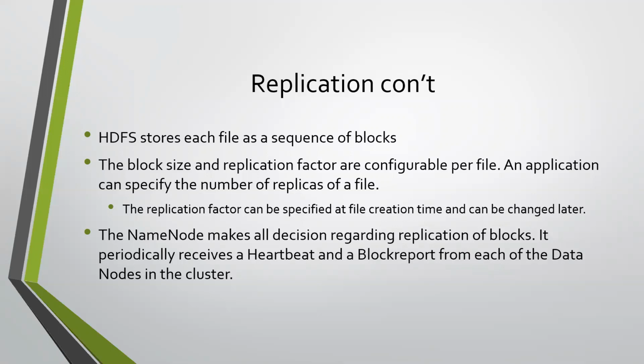The replication factor can be specified at file creation time and can be changed later. The name node makes all decisions regarding replication of blocks. It periodically receives a heartbeat and block report from each of the data nodes in the cluster.